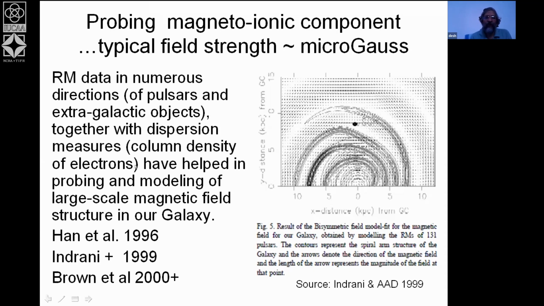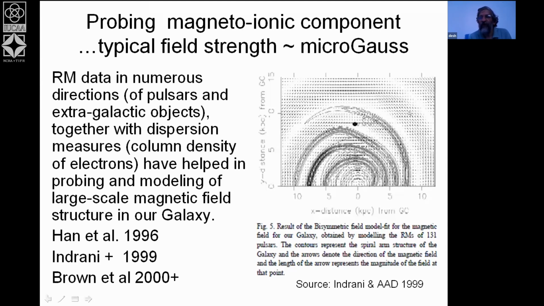Using that for various pulsars distributed in our galaxy, in sort of half of the sector, us being here and the region up to the galactic center, the closer half of the galaxy, one is able to actually map or constrain the models for field distribution, and one actually shows bisymmetric field patterns more appropriately describing the magnetic field in our galaxy, where the sense of the magnetic field changes its orientation.